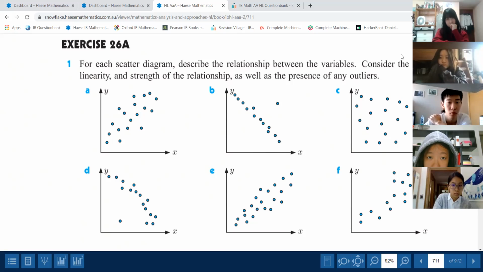Even though we have positive or negative, why is this question not asking you if there is a causal relationship or not? Because that cannot be observed from the graph. Why do you think it cannot be observed? There's a particular reason. That's the reason I'm asking. Why can it not be observed from these graphs?